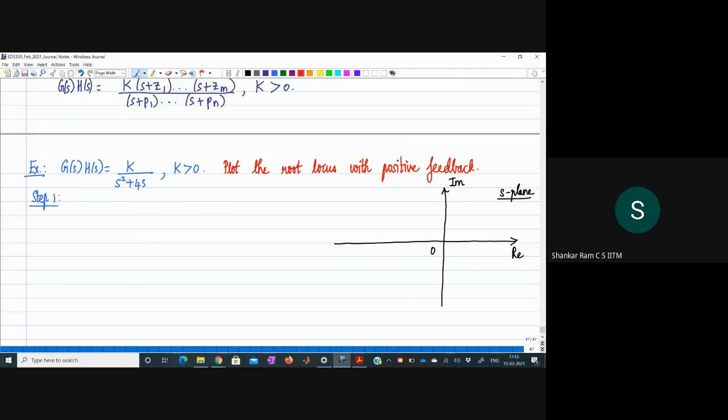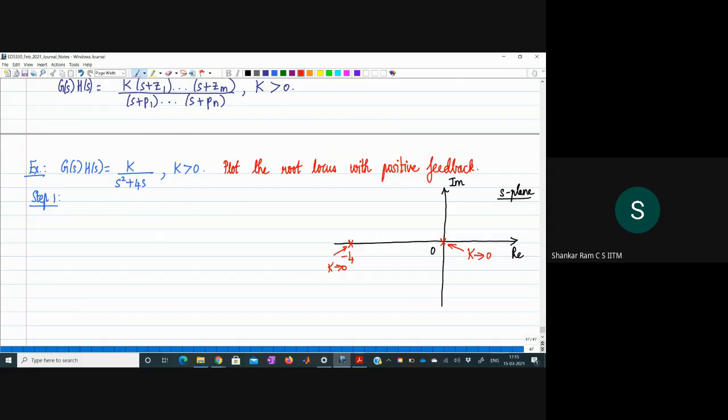Once again, the open loop poles are at -4 and 0. These will be the start of the root locus as k tends to 0.